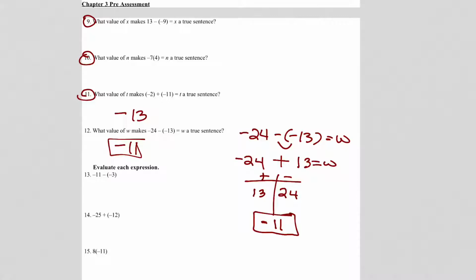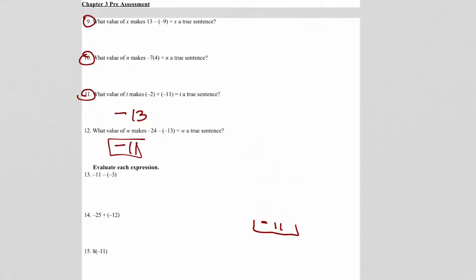All right. Number 13, we're just solving these. Evaluate just means to find the value of. So what is the value of negative 11 minus negative 3?